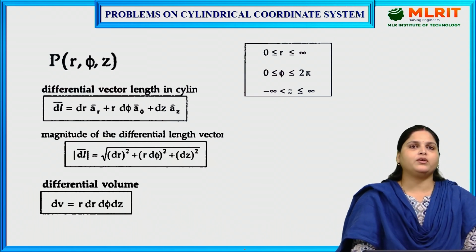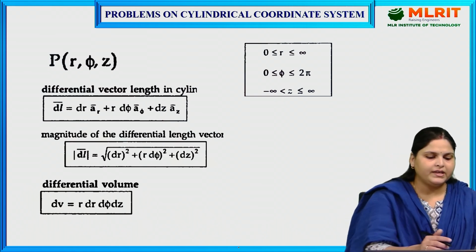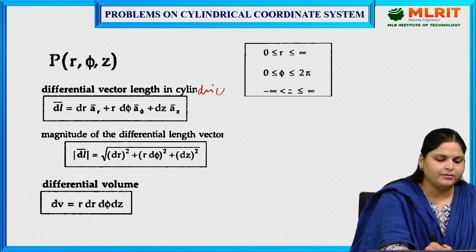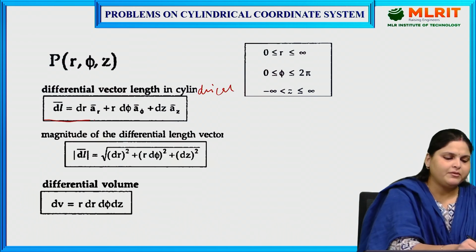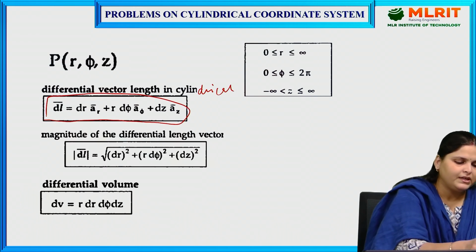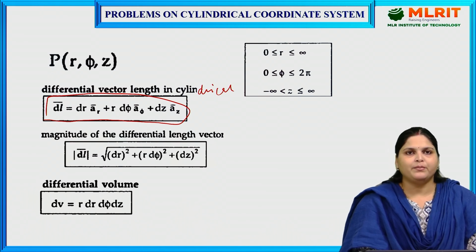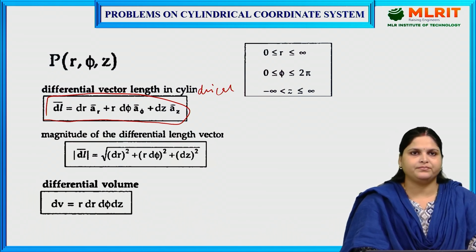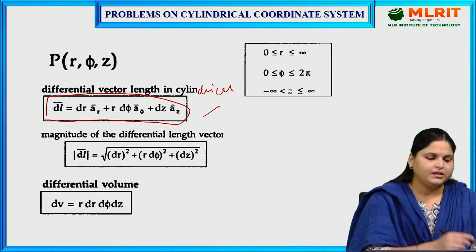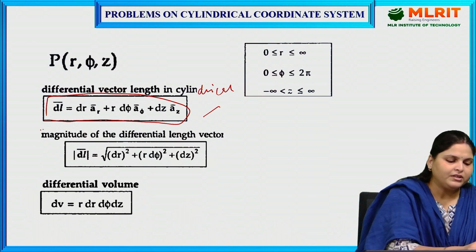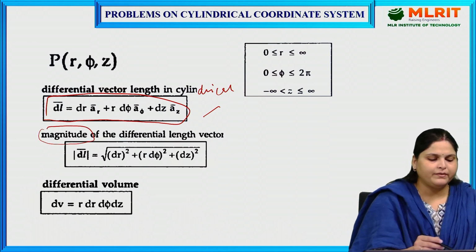Now if we talk about differential vector length in this cylindrical coordinate system, this is given by dl is equal to dr ar plus r d phi a phi plus dz az, right? We can find out the magnitude of this differential length vector, right?